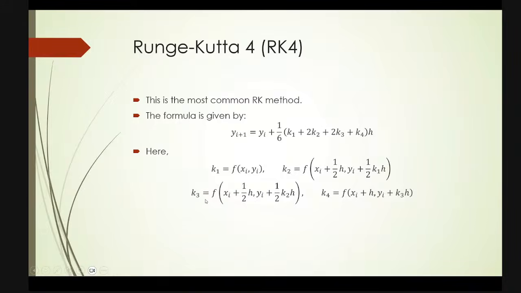And K3 is a better estimate of the slope at the midpoint, which builds upon information from K2. So K3 is equal to f of xi plus half h, comma yi plus half k2 h. And K4, the slope at the end point of the step, is simply f of xi plus h, comma yi plus k3 times h.